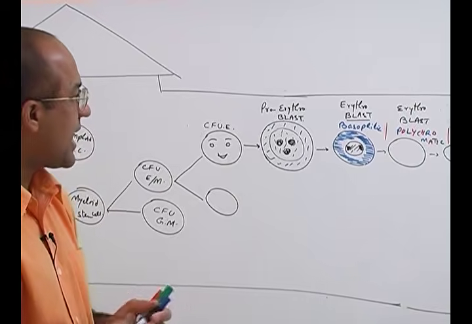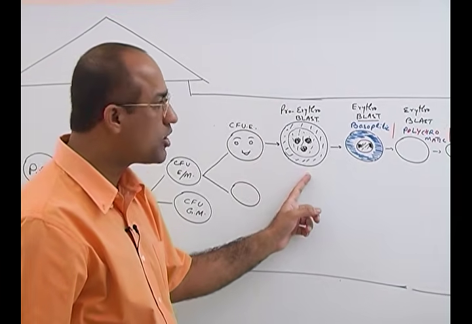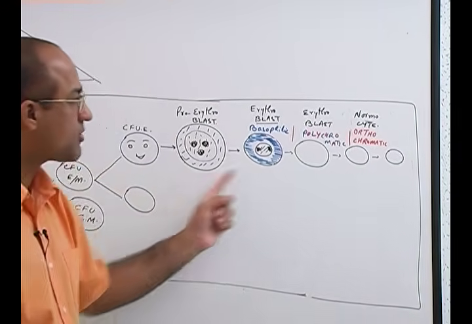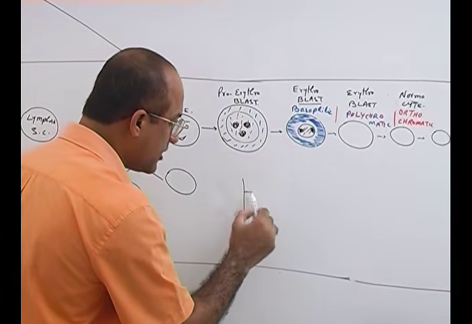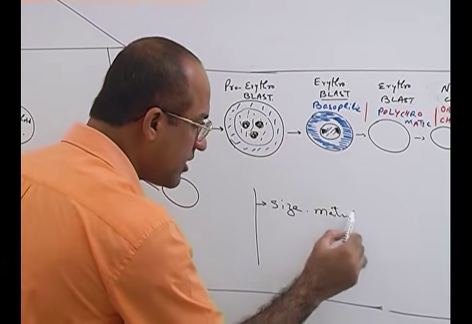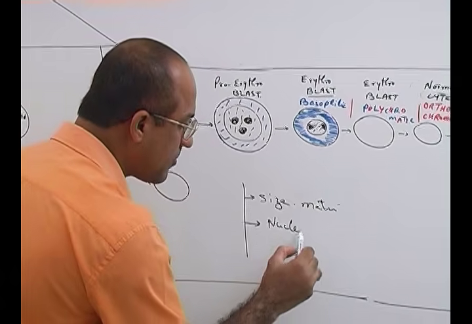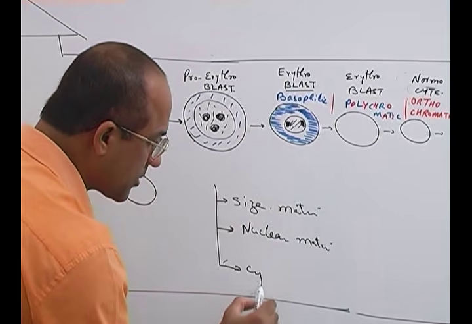Now look, as early cells or precursor cells go to more mature cells, right? The system should have three types of maturation. There are three steps of maturation. There should be size maturation, maturation in size. There should be maturation of nuclear material, nuclear maturation, and there should be cytoplasmic maturation.